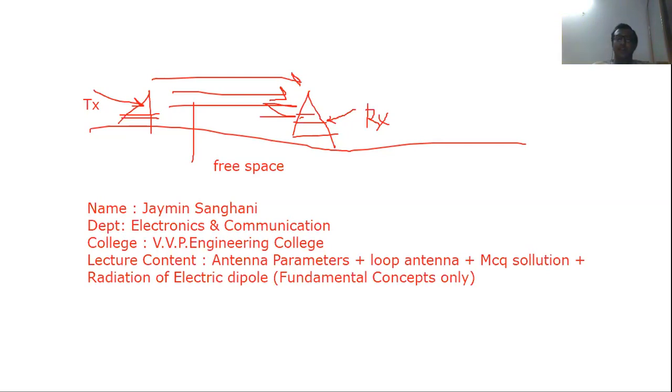First theory: what is the meaning of antenna? Compare antenna and transmission line. An antenna can act as a metallic device or conductor material which is used to convert an electrical signal into an electromagnetic wave, and on the receiver side it is used to convert the EM wave into an electric signal. It is very useful for MCQ. Please prepare that.